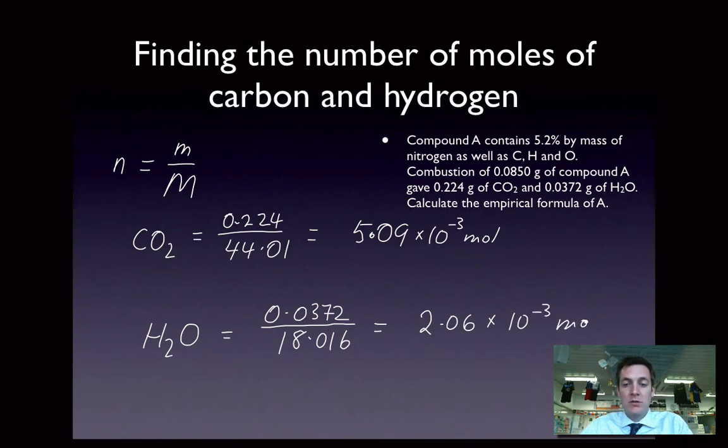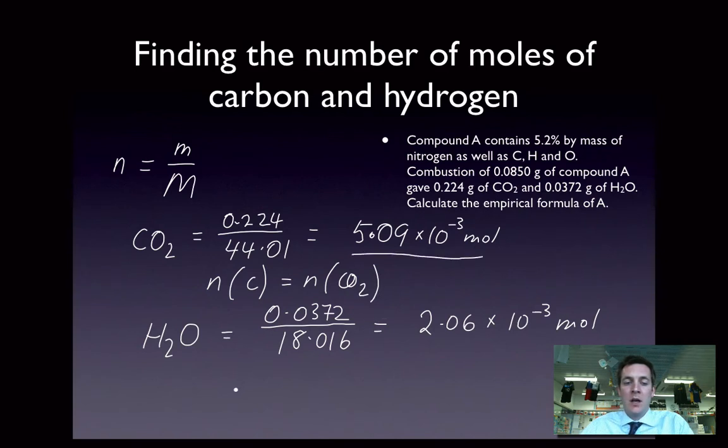Now why have we bothered to do that? Because that's told us the number of moles of carbon dioxide and of water, but not of carbon and hydrogen. Bear in mind that if carbon dioxide has 1 carbon atom in it, for every mole of carbon you have, you'll be able to make 1 mole of carbon dioxide. So the number of moles of carbon is always equal to the number of moles of carbon dioxide, and we've just found that here.